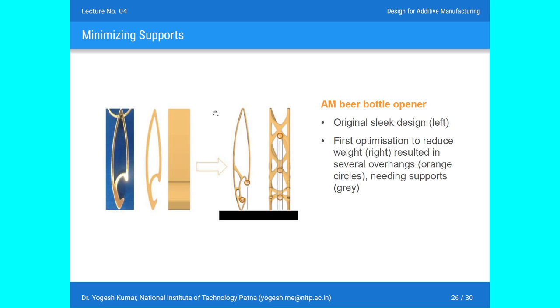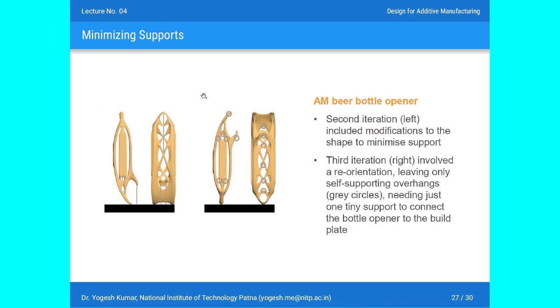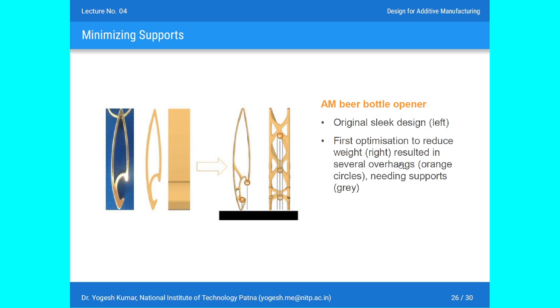you want to minimize support for this particular component. In order to reduce the support, the first optimization is to reduce weight, which resulted in several overhangs.